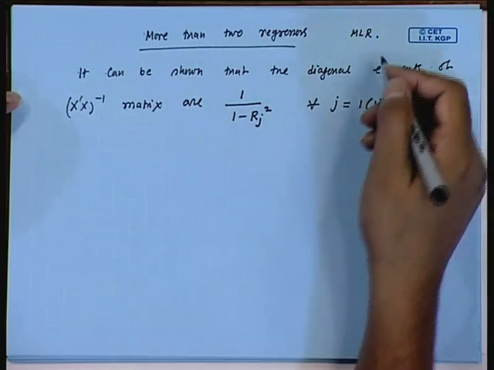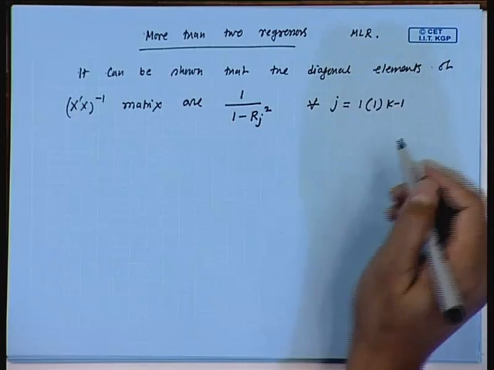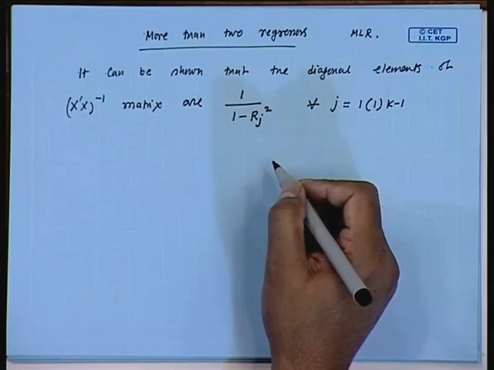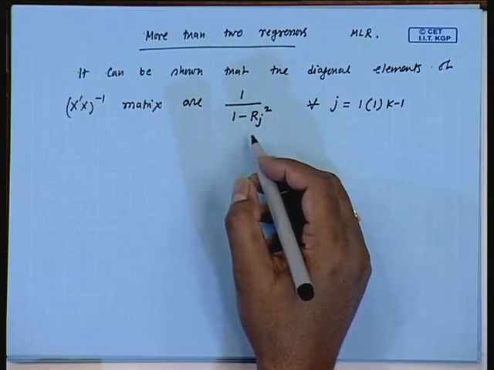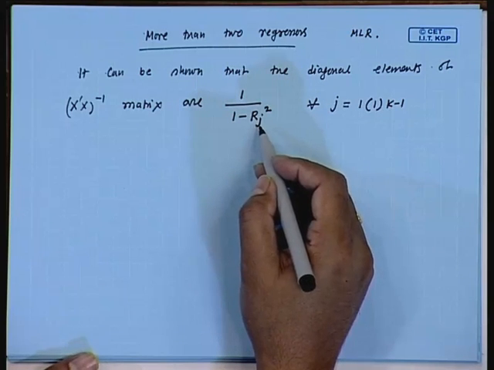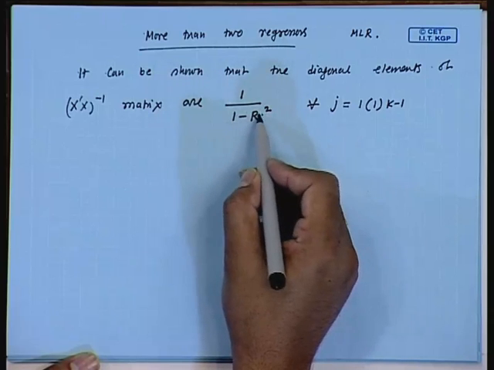So, I am talking about a multiple linear regression model with k minus 1 regressors, and of course, I need to define what is this Rj square. So, here before we had R12 square.